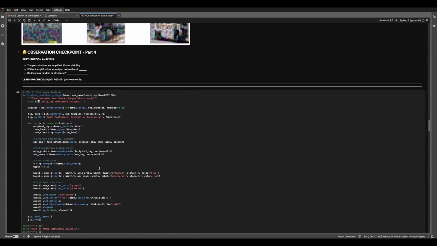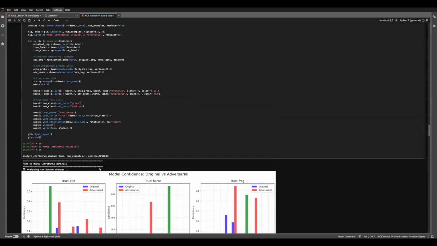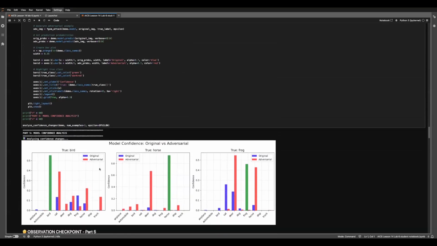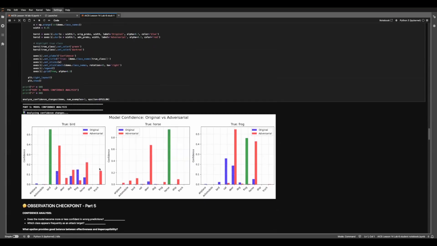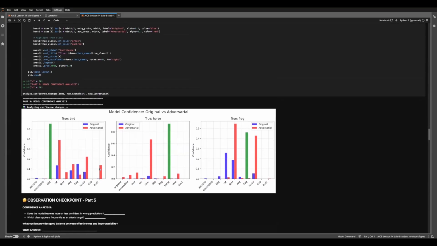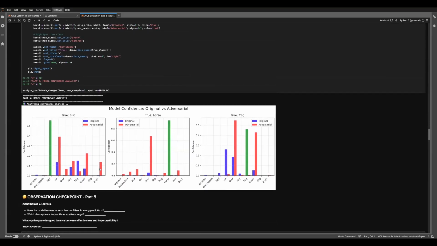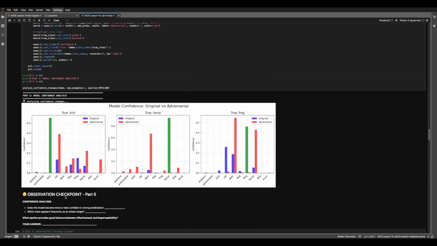Okay, so now we're going to talk about confidence, right? This is how confident are we of the original versus the adversarial? So here's what the original truth is, that it's a bird, right? And then we've got adversarial that says it's a cat.